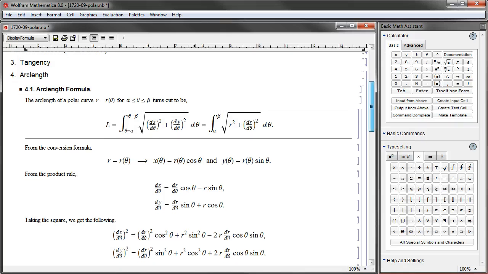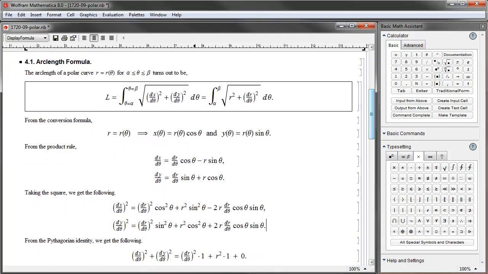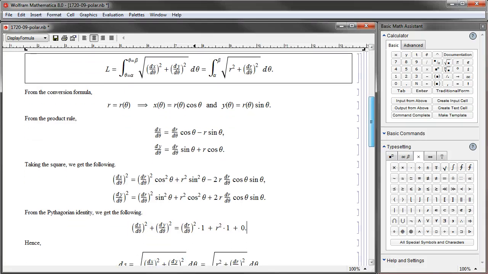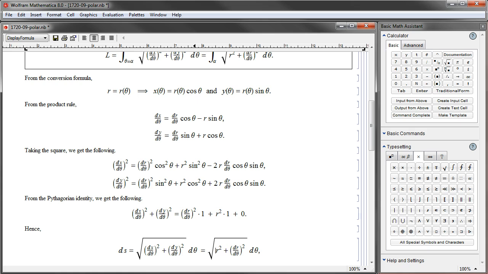How about the other part? They become pretty simple too. For the second factor, r squared is a common factor. You have sine squared plus cosine squared, which will add up to 1 by the Pythagorean identity. How about the first term? This is a common factor. We have cosine squared plus sine squared. Again, that's going to add up to 1. So what do you get? After simplification, we're going to get r squared plus r prime squared.